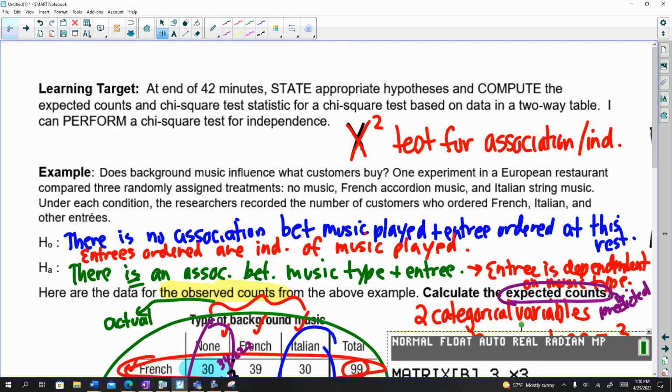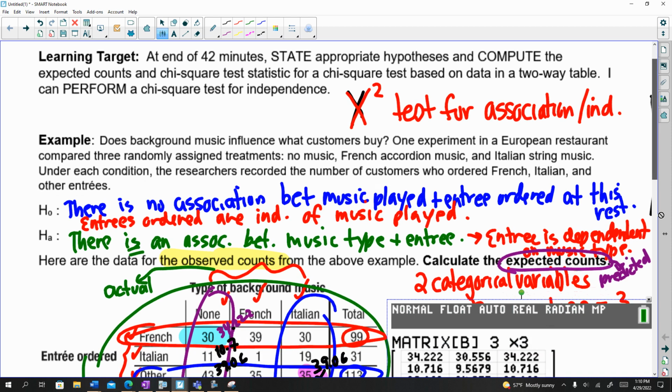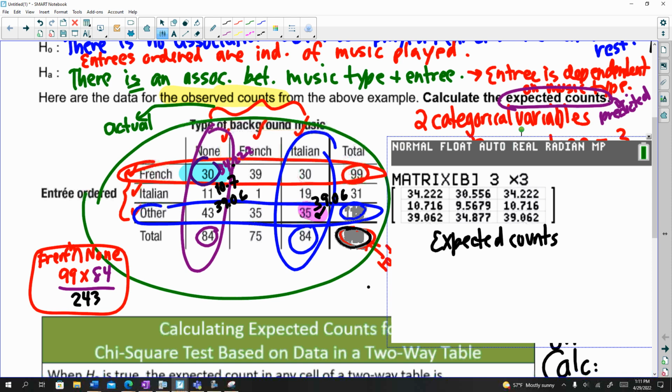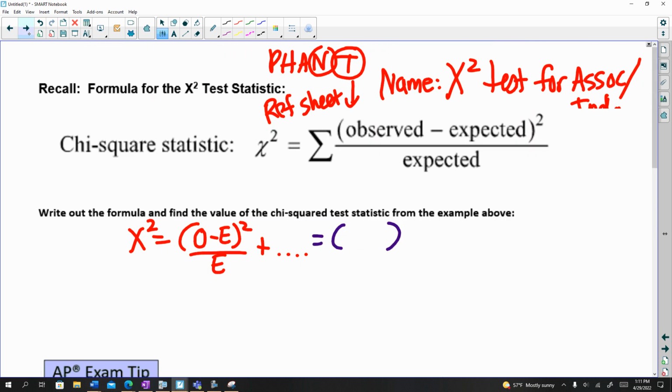Observed. So this is going to be the one from the top left-hand side that we did first. That was French and none. So the observed was 30 and the expected was 34.222. So we're going to do 30 minus 34.222, squared, over expected 34.222.